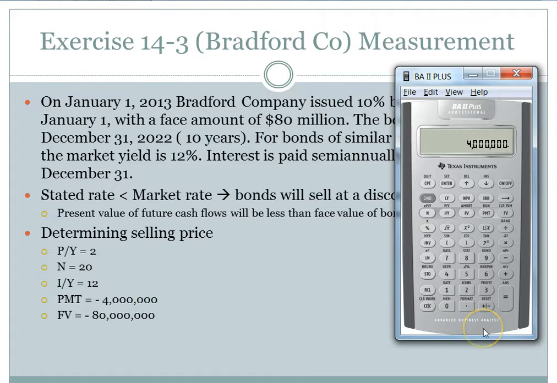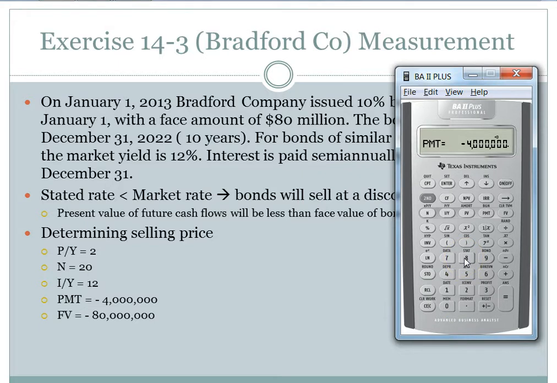Now, since these are payments or cash outflows, I always want to make sure that I get the direction of my cash flows correct. So I'm going to use the plus minus symbol here, and make sure that I've got $4 million as a negative. A negative $4 million is my payment. The other cash outflow that's going to occur is the $80 million of principal amount at the maturity date.